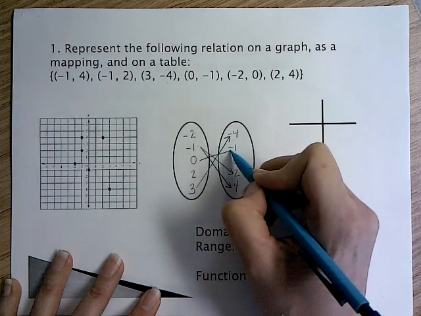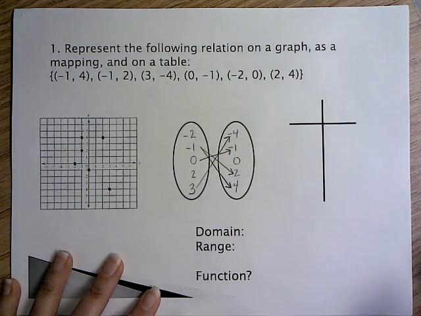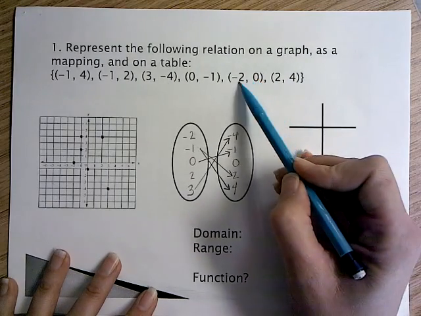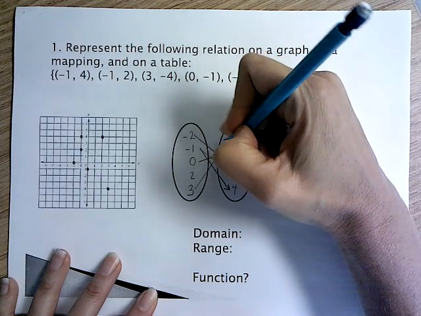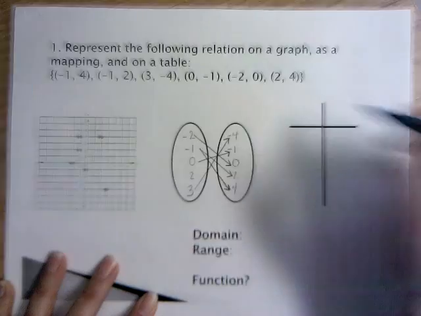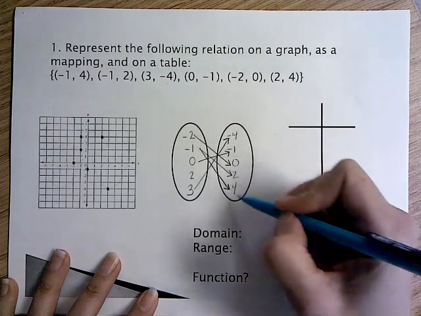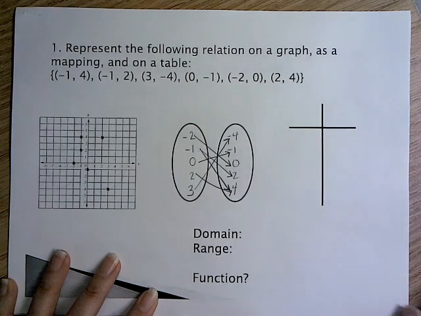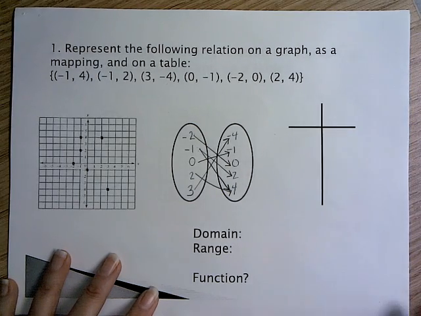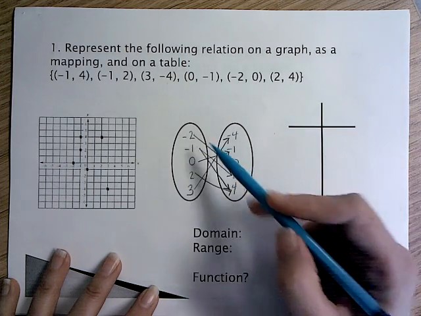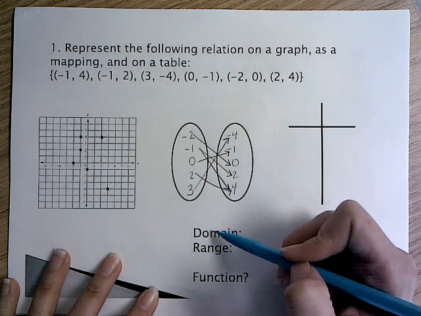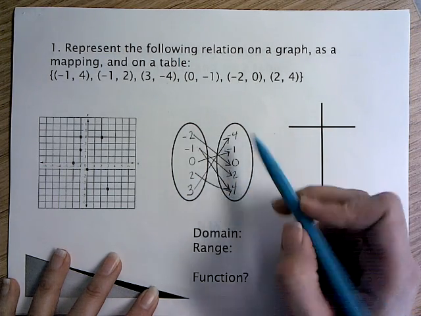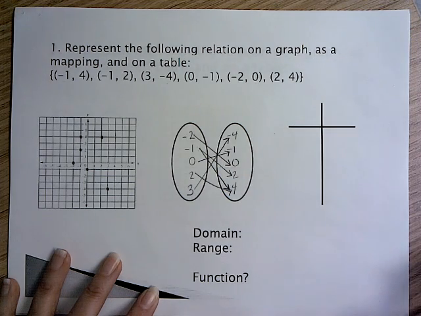We are drawing a picture of how they're related. -2 to 0, and 2 to 4. You can see it would be easy to make a big mess there, so try to keep your arrowheads nice and tidy and your lines nice and organized. If you're drawing your own bubbles, give some good space in between so we can find out where things are going.